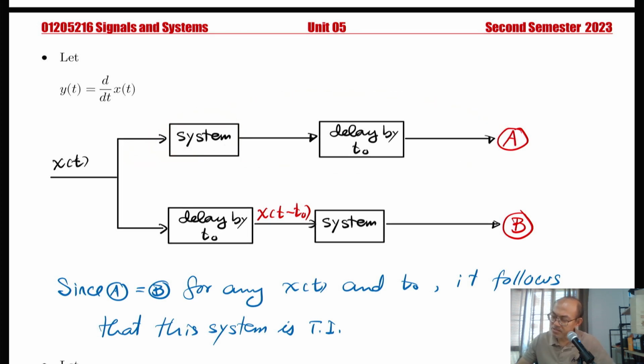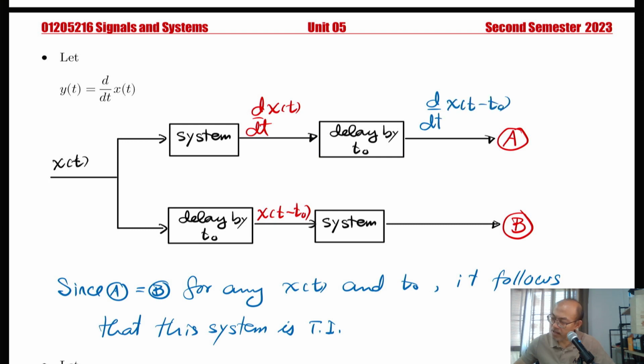What the system does is take the derivative of x with respect to time, so we have dx/dt. I'm going to show that this system is time invariant, so I'm not going to specify x as anything. Then we delay by t0, so whatever we have for t, we plug in t minus t0.